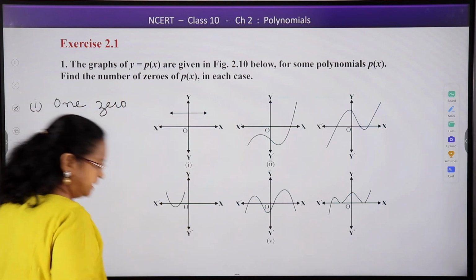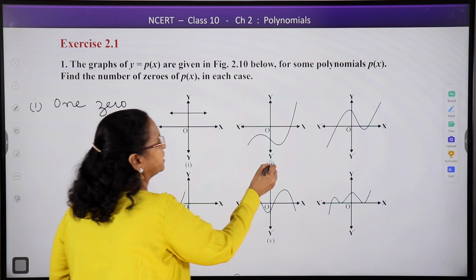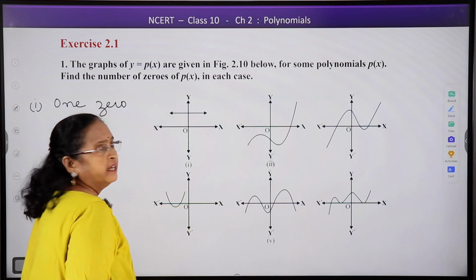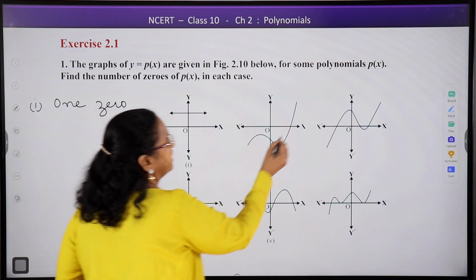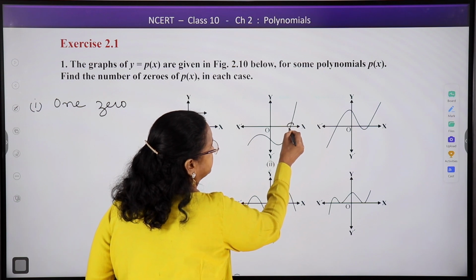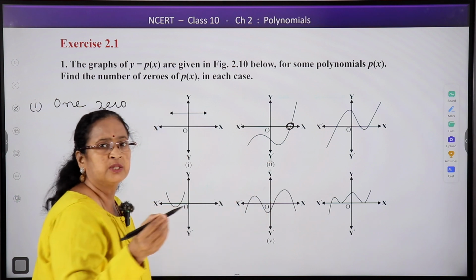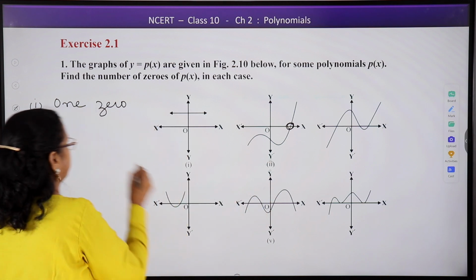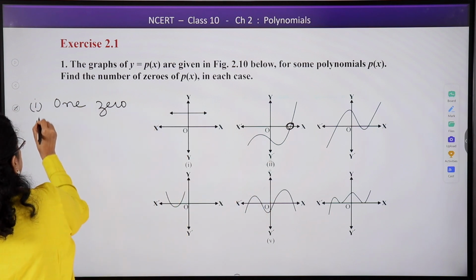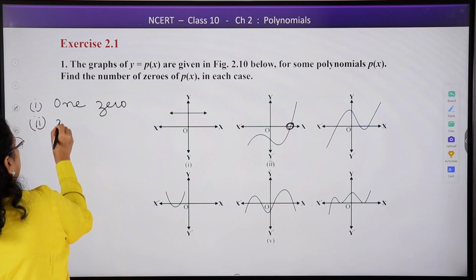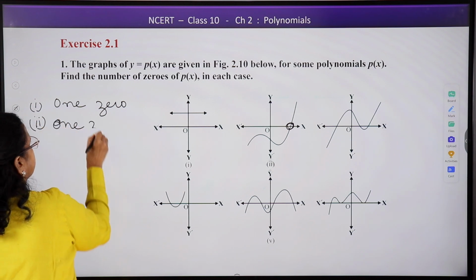Absolutely right. Now coming to the second part of the graph. Here the graph cuts the x-axis at this point, only 1 point. How many zeros, students? 1. Absolutely right. So the second part has 1 zero.